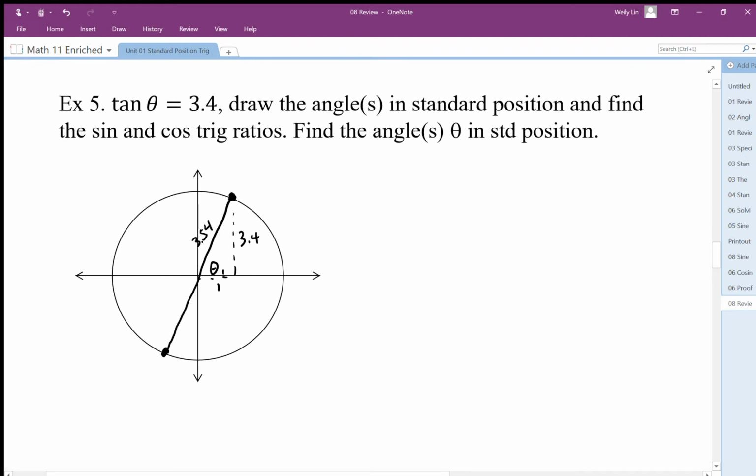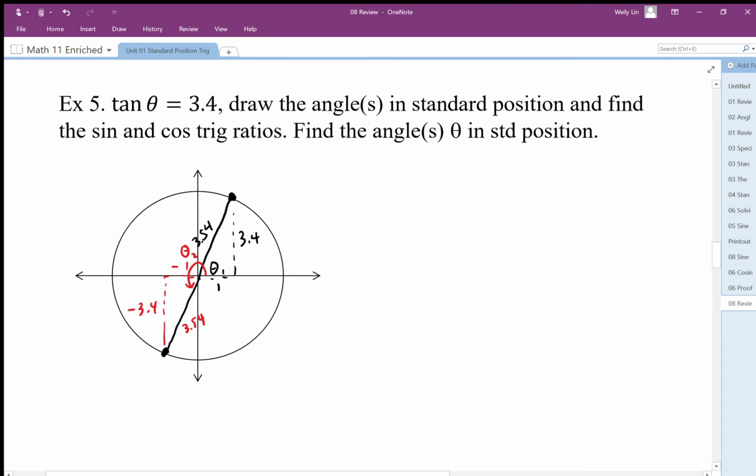Now, if you keep this in exact values, it's perfectly fine, but since we're dealing with decimals here, it kind of implies that we don't need to keep exact values. So first of all, we've got that length. We need to also consider the other triangle here. So that's going to be -1, -3.4. That's going to be 3.54 along there. And that theta we'll call theta 2.